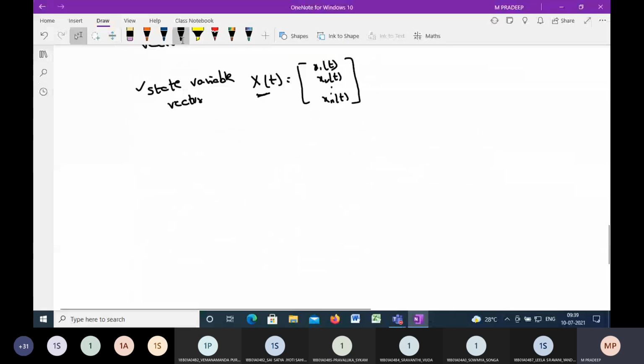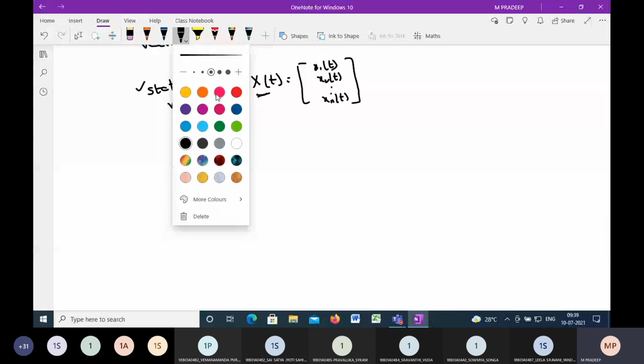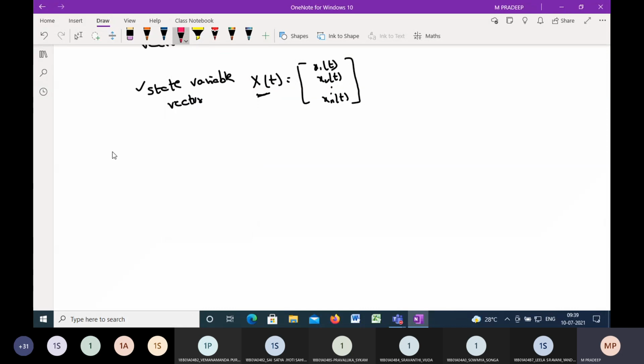So for today's class we are going to study the basic introduction required for state analysis. We will study the advantages of state analysis and the drawbacks of the previous methods, which are overcome by using state-based analysis, which is a modern method.